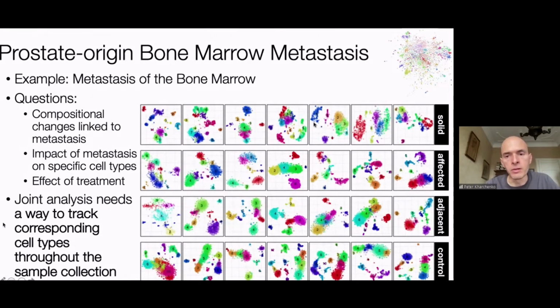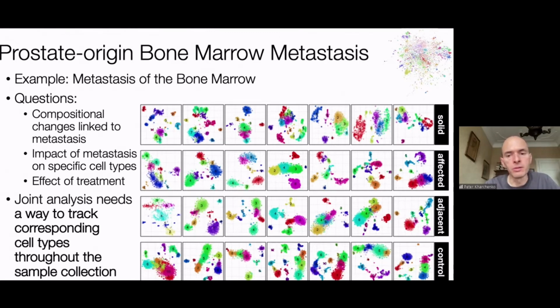The first thing to note: here each square is a different sample that we take, and each point is a cell in that sample. We have different classes of samples. The main thing I wanted to say is that, in order to analyze these types of collections, you need to figure out what kinds of cell types there are. This cluster may, for instance, represent T cells, and analogous T cell states exist in other samples, but it's not actually trivial to recognize the correspondence.